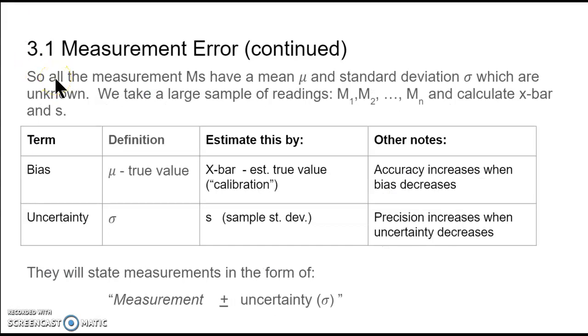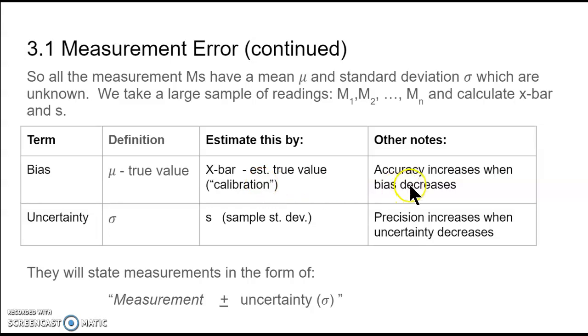Okay, so anyway, really our goals are to get better accuracy. So you'll see I've added another column here. When we have good accuracy, it means our bias has decreased. That means our mean and our true value are very close to each other. In other words, we have really good calibration of whatever we're using to measure things.